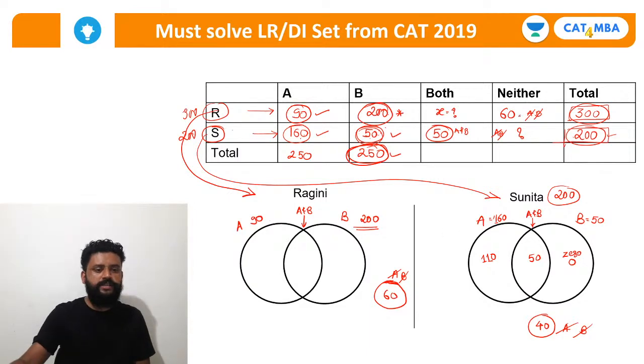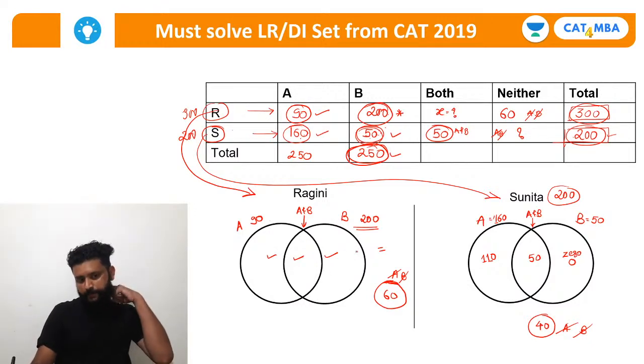Because there are 60 who do not support any of these plans, that means this total must be this part, 1 2 3. This part must be 60, gone.